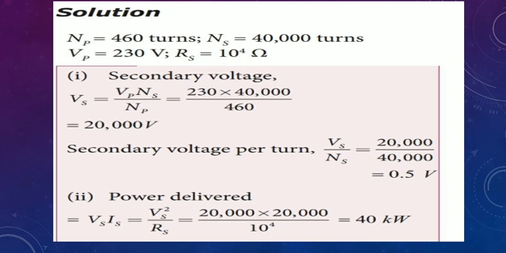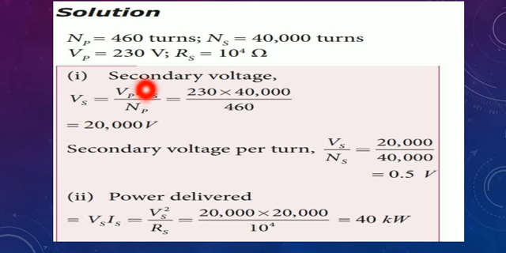For the transformer question, please remember Vs divided by Vp is equal to Ns divided by Np. Please remember the equation: voltage in the secondary coil over the primary coil equals Ns by Np.